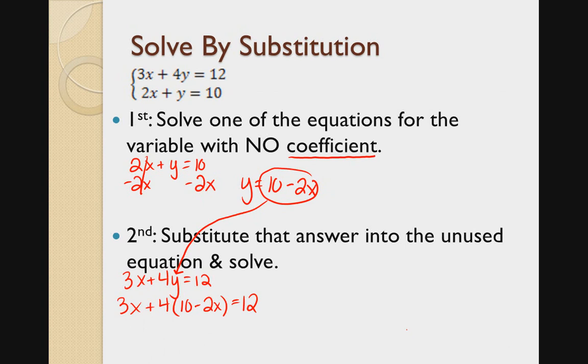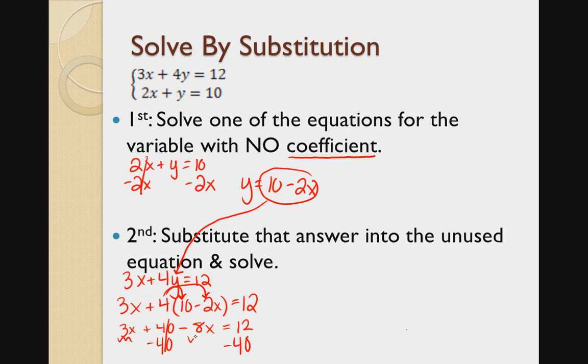Then I would go about solving this equation by beginning to distribute the 4 first, so that 3x plus 40 minus 8x equals 12. Then you can subtract the 40 and combine like terms.